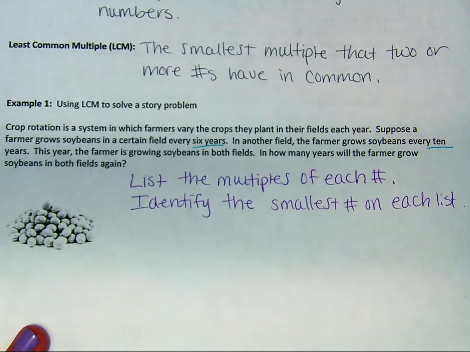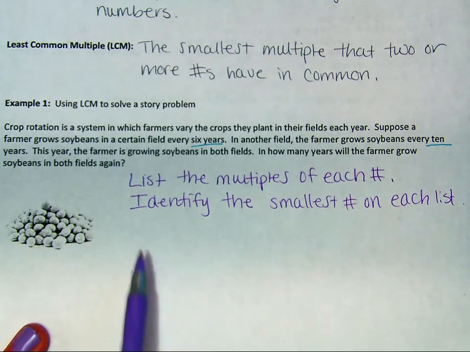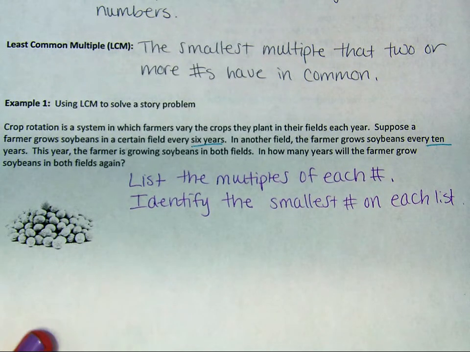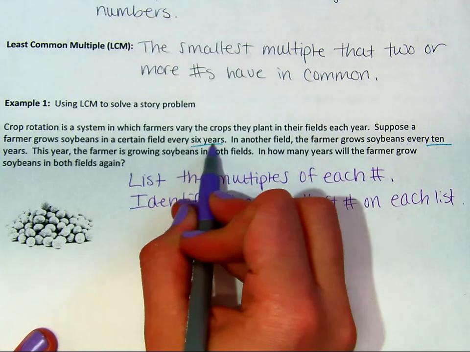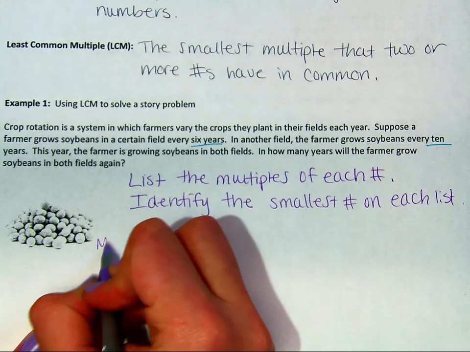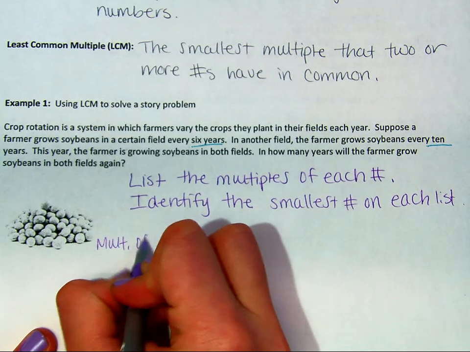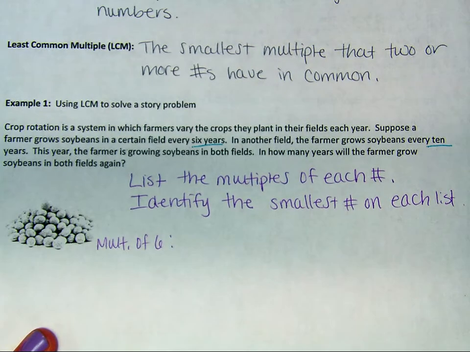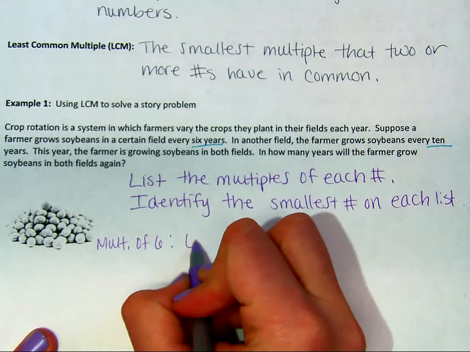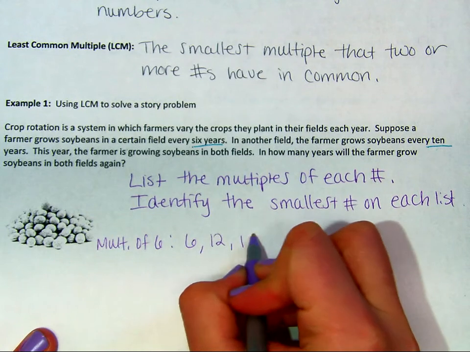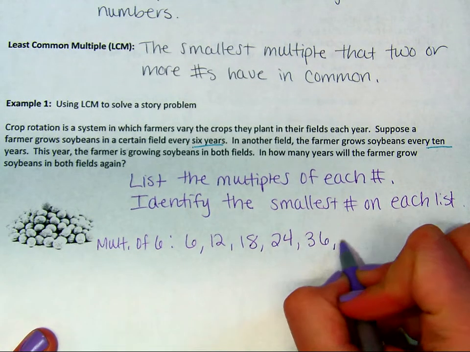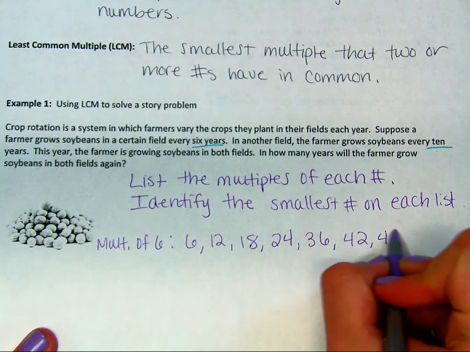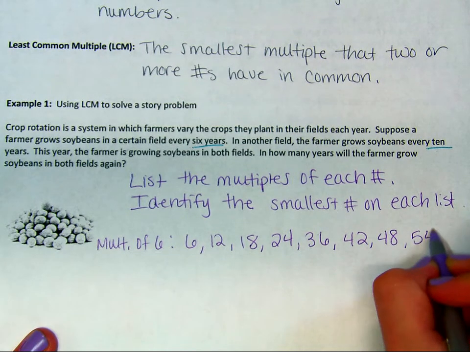Okay, again, you don't need to write down this whole paragraph as long as you write down the process of finding the LCM. You can write it down, though, if you want. So let's start by writing down the multiples of 6. Multiples of 6. Okay, so 6, 12, 18, 24, 36, 42, 48, 54.